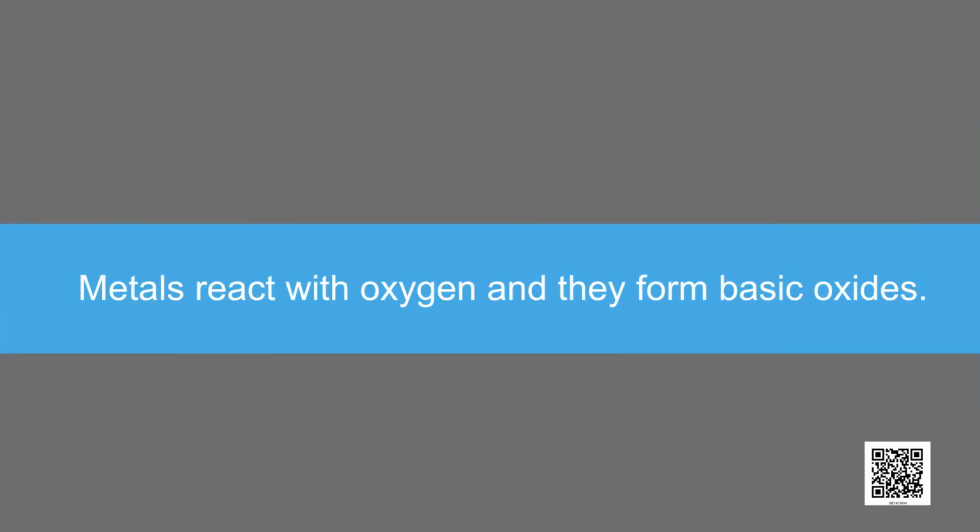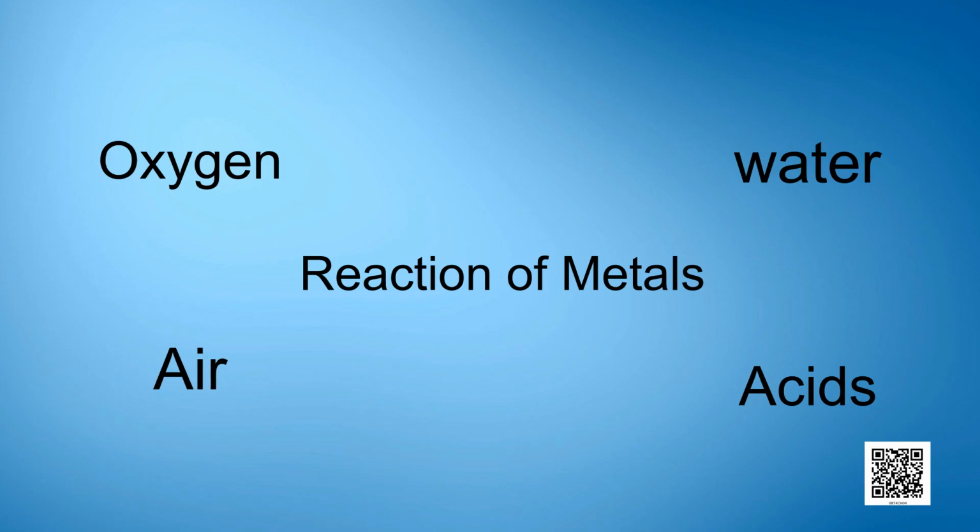With the help of this activity, we are able to understand that metals react with oxygen and they form basic oxides. Now, let's see the reaction of metals with water.